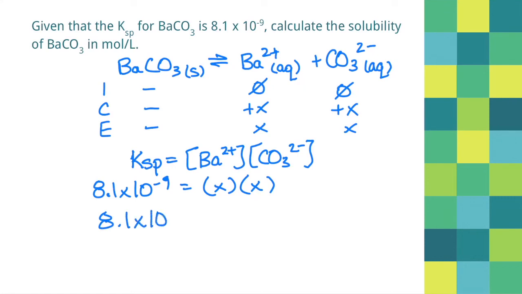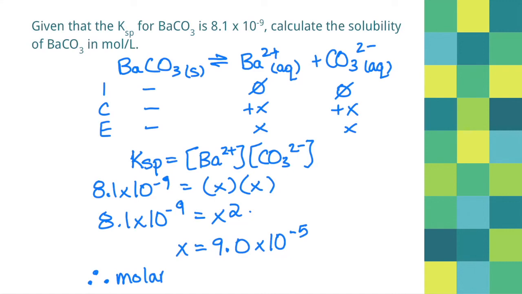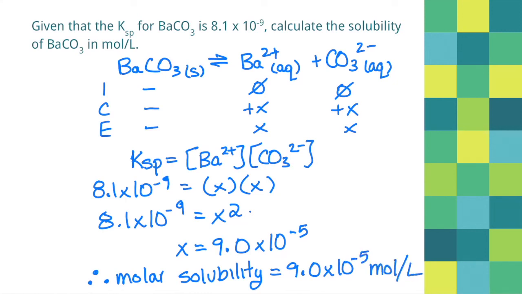So 8.1 times 10 to the negative 9 is equal to x squared. And we're going to solve for x here, so we're just taking the square root of both sides. And that is going to give us a value of 9.0 times 10 to the negative 5. So what this means is that the molar solubility is equal to 9.0 times 10 to the negative 5 moles per liter.